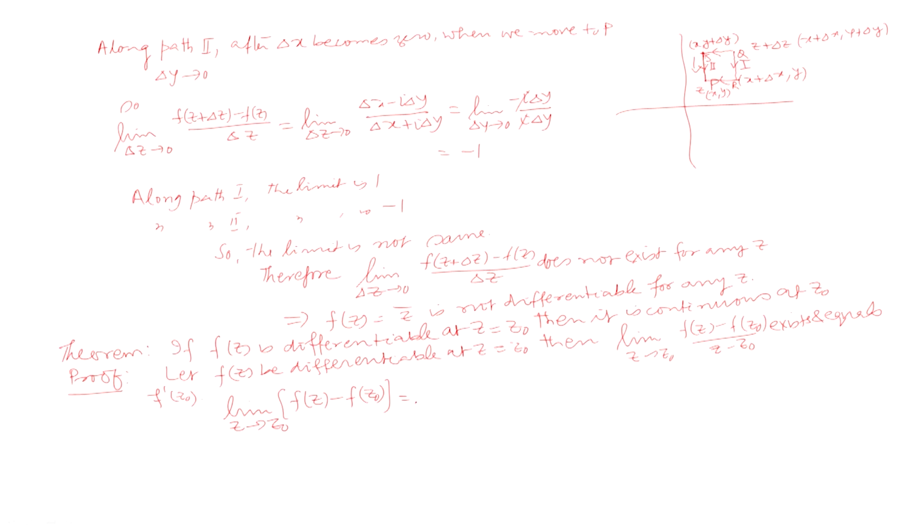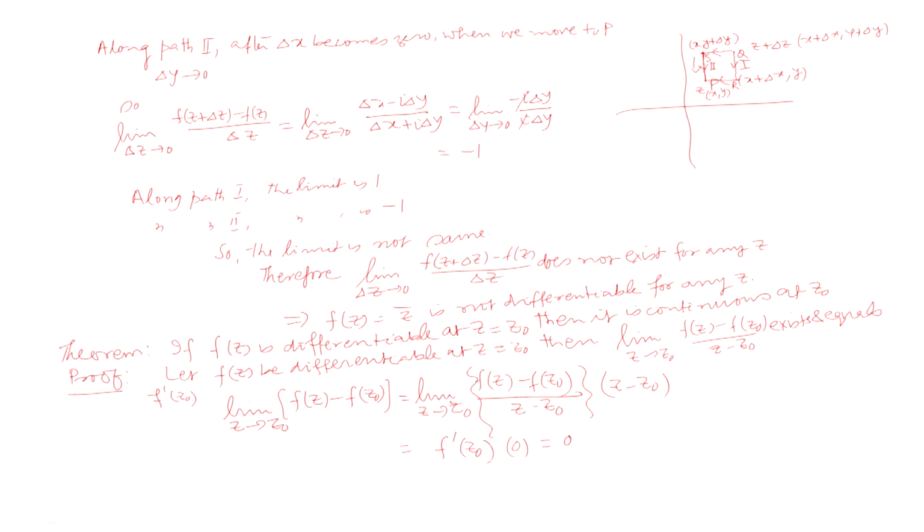So, this is equal to limit z tends to z naught of (f(z) minus f(z naught)) divided by (z minus z naught) into (z minus z naught). Now, since the limit of (f(z) minus f(z naught)) over (z minus z naught) exists and equals f prime (z naught), and the limit of (z minus z naught) as z tends to z naught exists and is equal to 0, the limit of the product of these two expressions exists, and we have f prime (z naught) into 0.